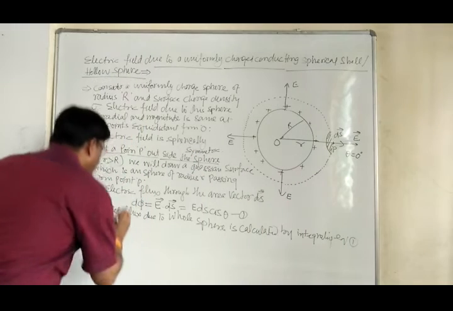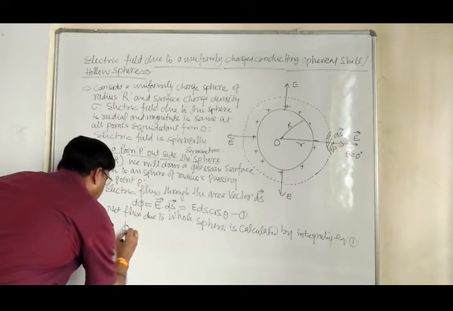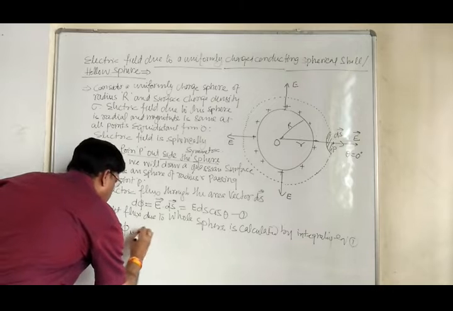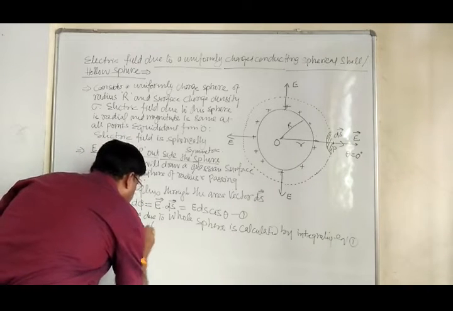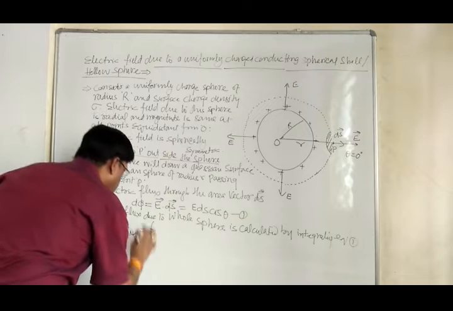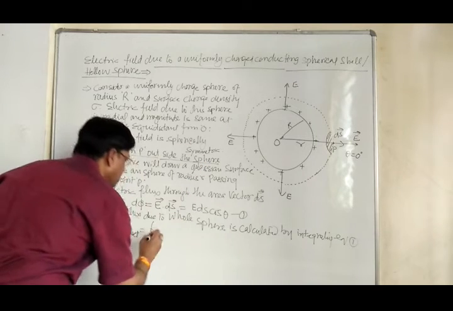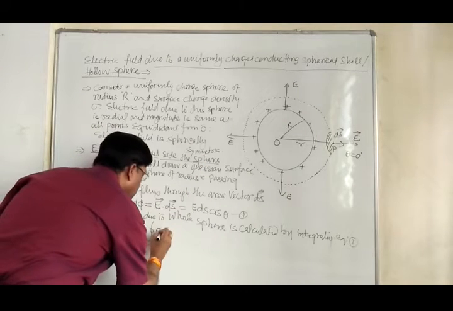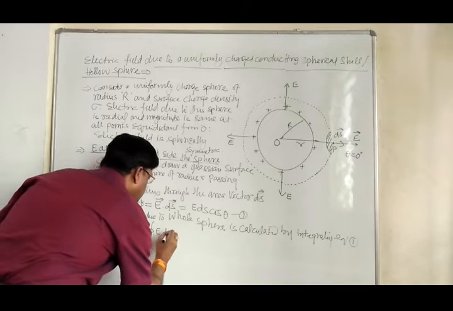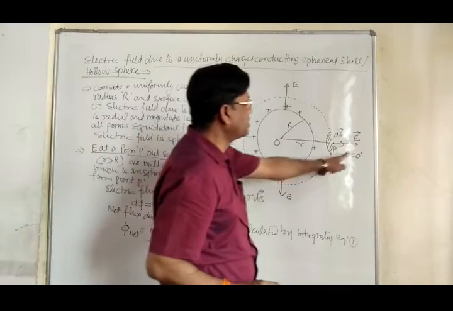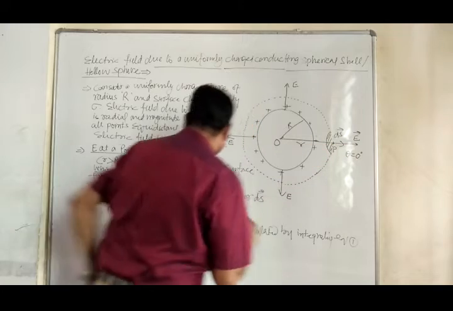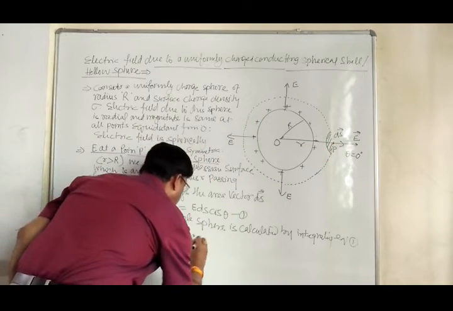Then φ net is equal to the integration over the whole closed surface, E dS cos θ. Here the angle between E and dS is 0 degrees.